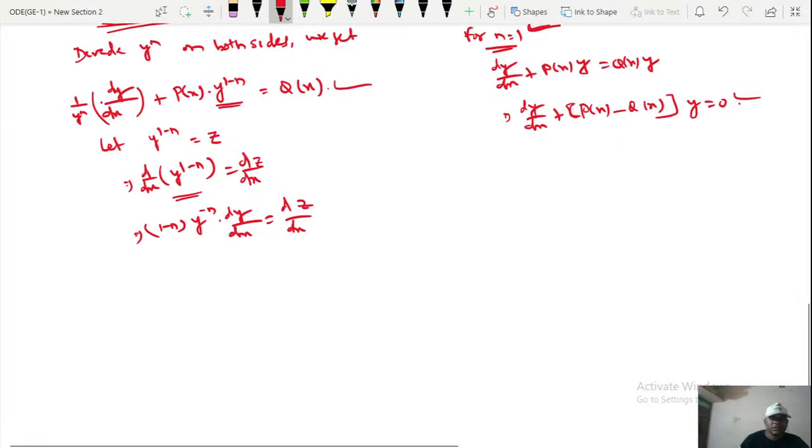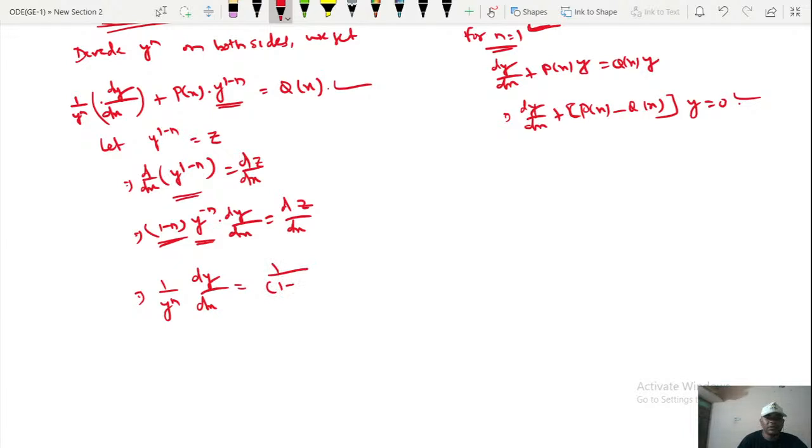And what is this? This is 1 minus n, or you can take this to the right hand side. So y to the power minus n means 1 by y to the power n into dy by dx, and I divide by 1 minus n on the right hand side, so this will be 1 divided by 1 minus n into dz by dx.